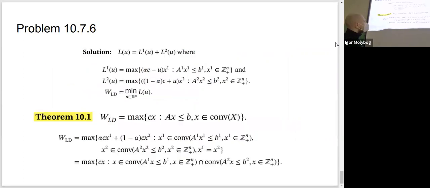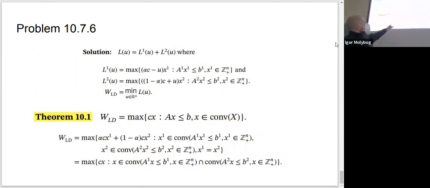We can do this decomposition here and substitute it, and our eventual result is going to be exactly the same as the Lagrangian dual to the original problem. Then we apply theorem 10.1 about the convexification of the domain. What we end up with is an expression that tells us we are maximizing a linear function over a convex set, the convex hull of the first set and the convex hull of the second set.